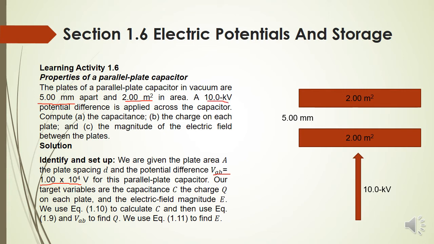The target variables are the capacitance, the charge, and the electric field magnitude E. We can use equation 1.10 to calculate the capacitance, equation 1.9 to relate the potential difference VAB to its charge Q, and also equation 1.11 to find the electric field magnitude.